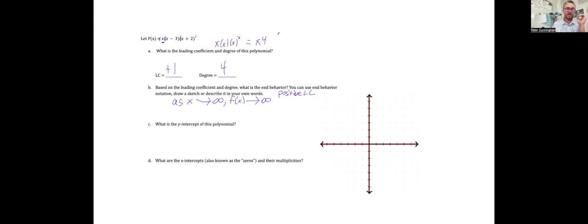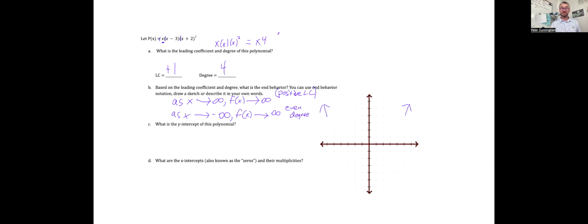Now as x goes down, y also goes up. Why do I know that? Well, I know that because of the degree, because the degree is even. Even degree means that these end behaviors are going to match. We're either going to go up, up, or down, down. In this case, we're going up and up, up, up, and away.